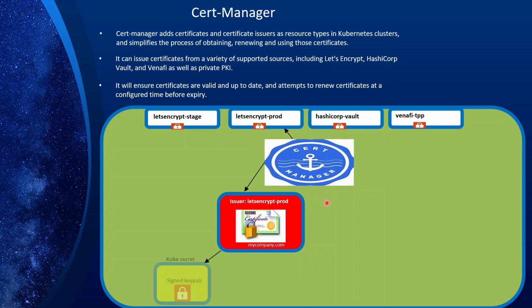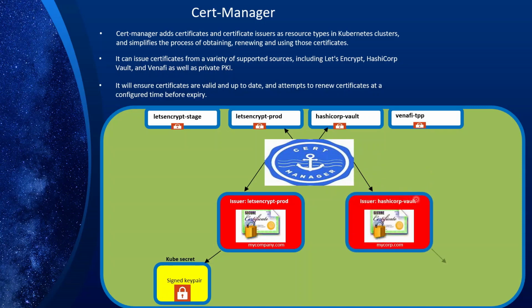It will also create a secret based on the certificate and its private key. You can also request a different certificate from a different provider. For instance, the next one could be from HashiCorp. It will go through the same process, obtain a certificate, and create a secret. So it is very flexible.